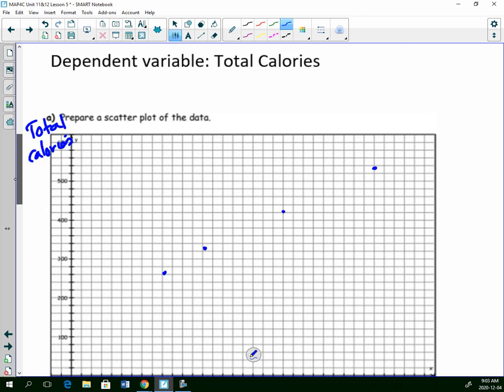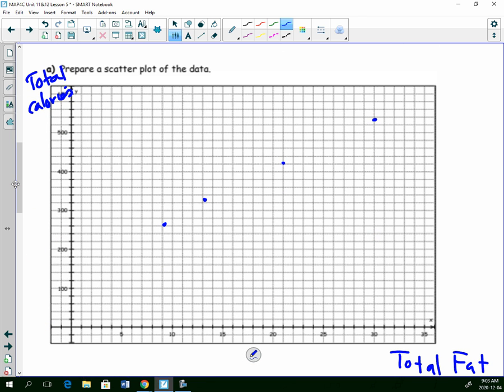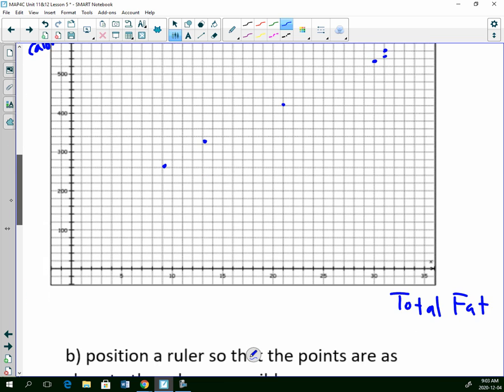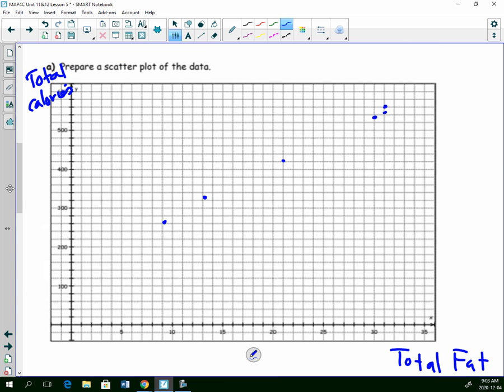31, 560 and 550. 31, 560 and 550. 34, 590. So we're just plotting the points. 590 is way up here.